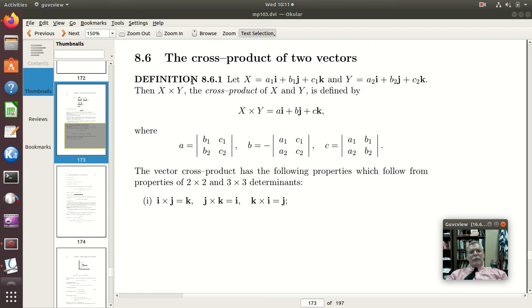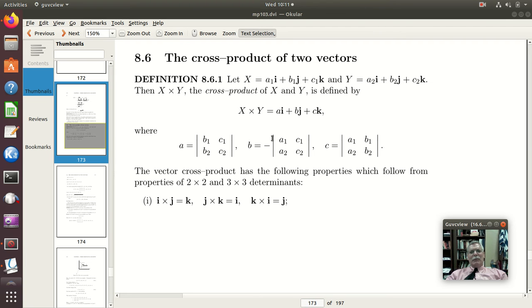Now, if I have this flat screen, it seems like I should be able to find a vector that's perpendicular or orthogonal to this flat screen. And if I did, it would be orthogonal to those two vectors I started with. And so, to me, that's kind of the motivation of this cross product.